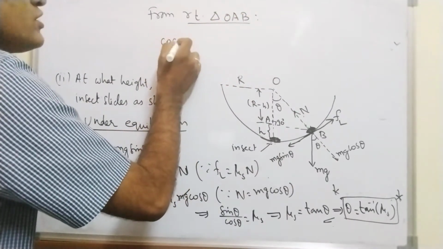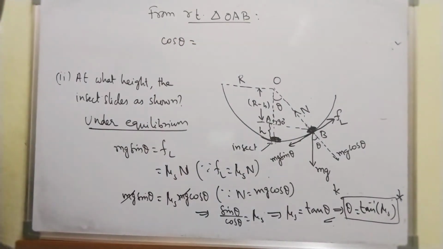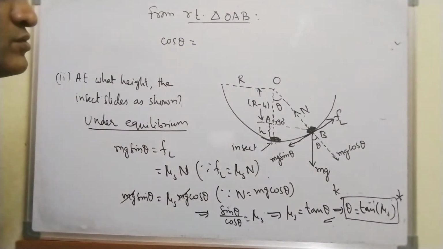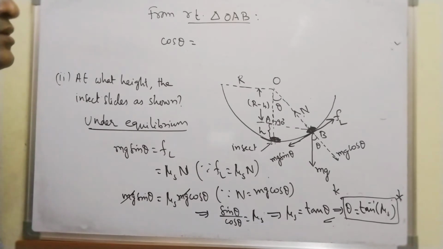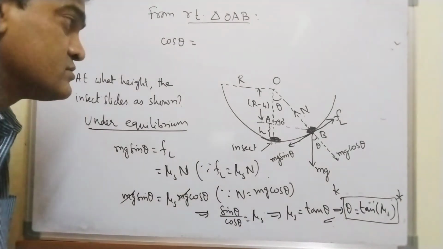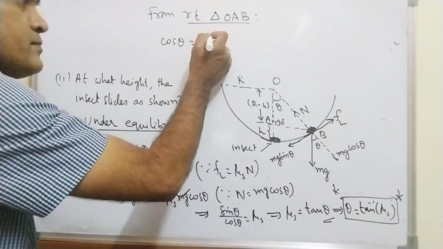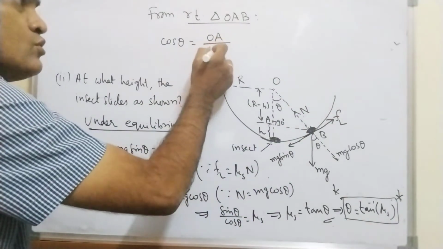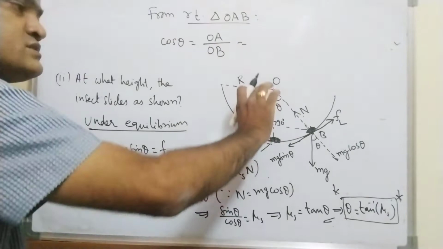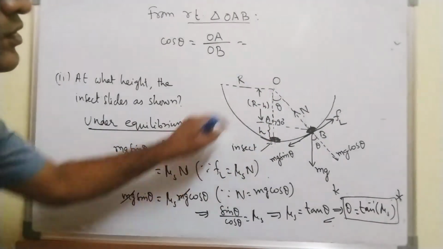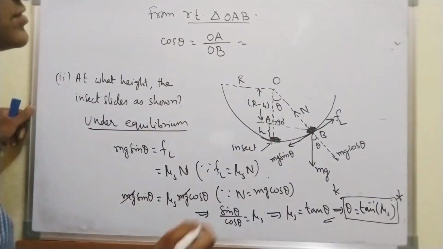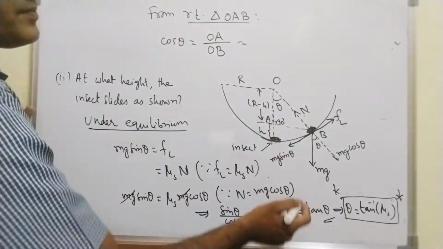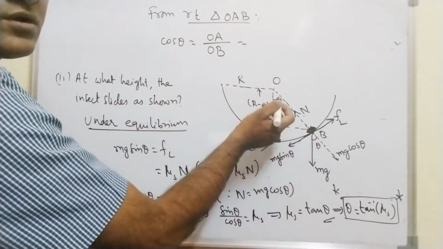what is the value of cos theta? Cos theta is equal to adjacent side upon hypotenuse. What is the adjacent side? OA. OA is the adjacent side, by hypotenuse OB. But what is OA from the figure? OA is R minus H. And OB is what? OB is nothing but the radius, is it not?